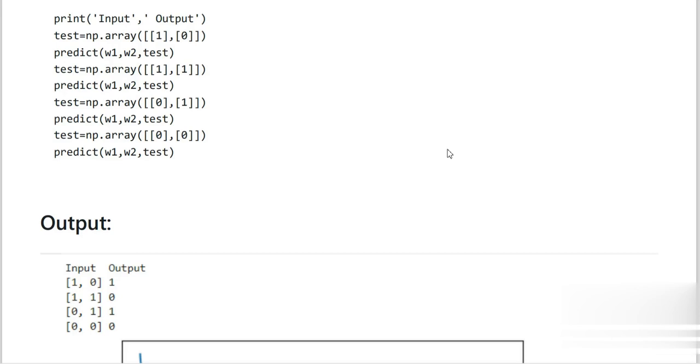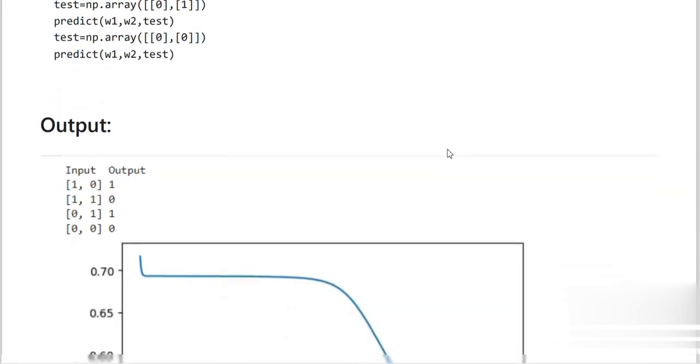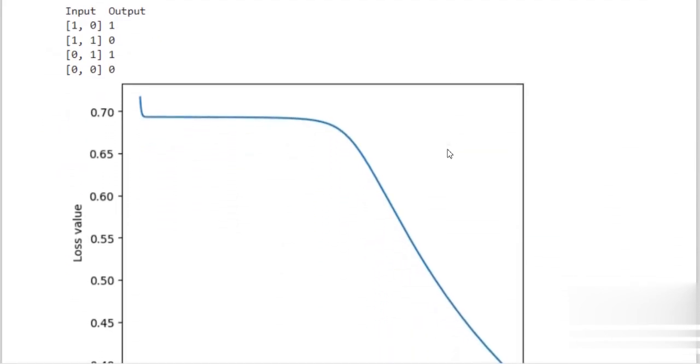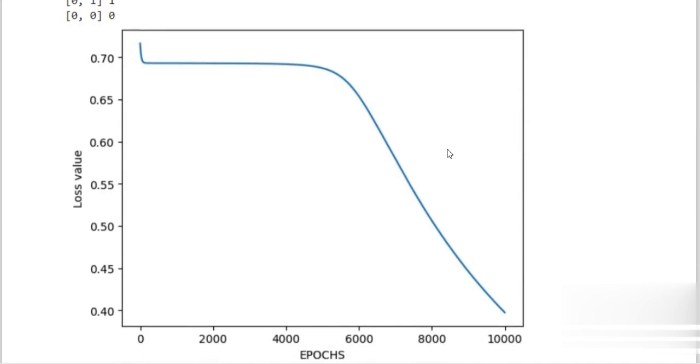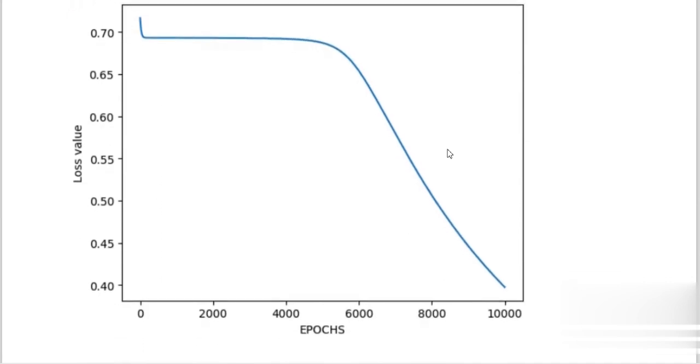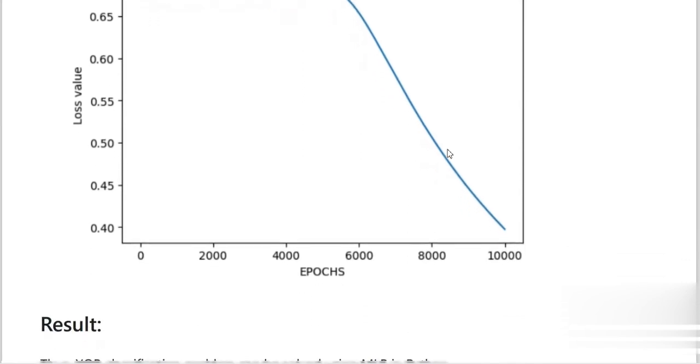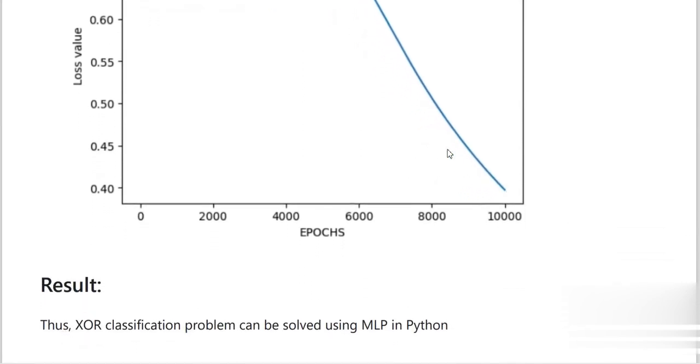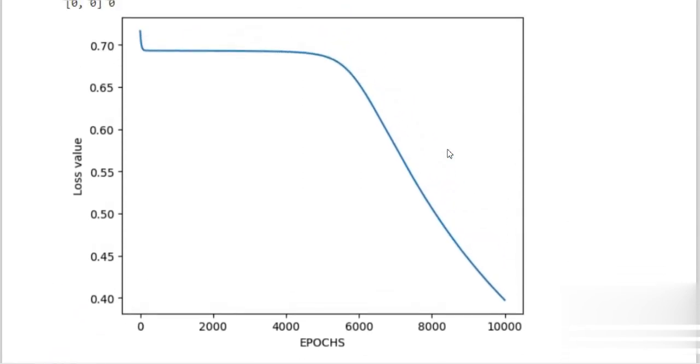Each test input is passed to the predict function, which uses the forward propagation function and the trained weights to make predictions. The output of the discussed code shows the relationship between the loss value and epochs. From this, we can identify the loss value for the given input data.